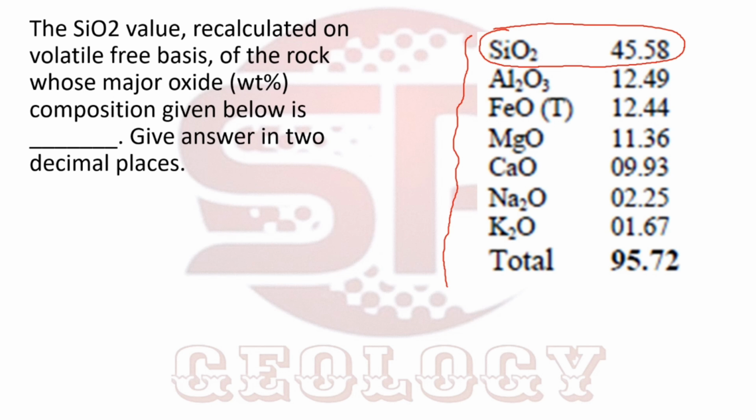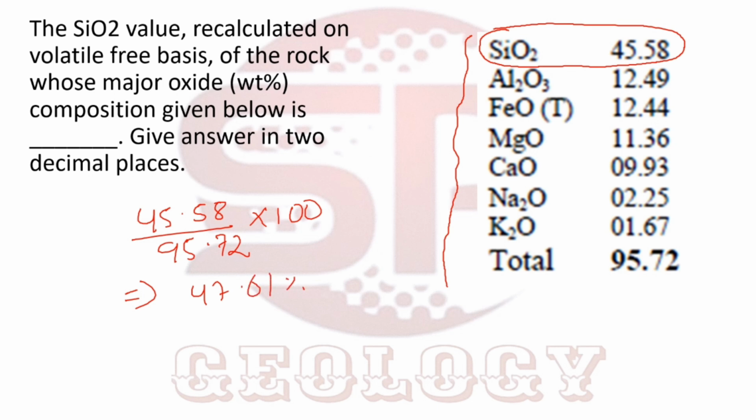So SiO2 percentage divided by total percentage: 45.58 divided by 95.72 into 100. You can normalize any of the oxides by this process. So it will be 47.61%.